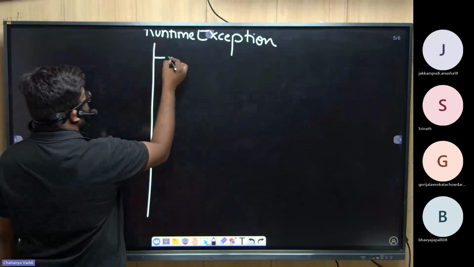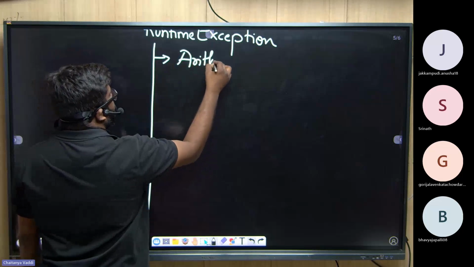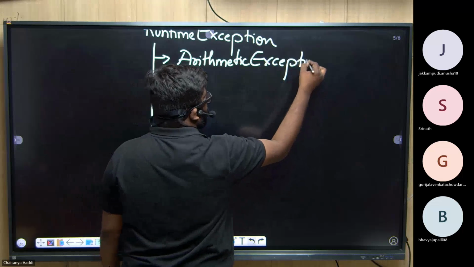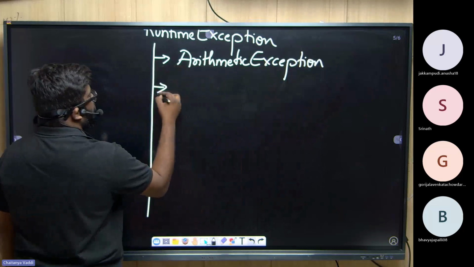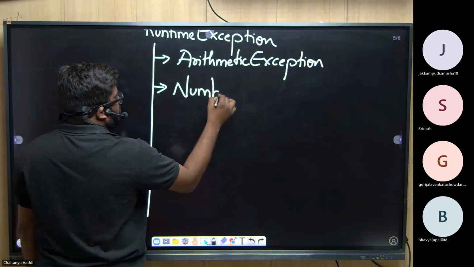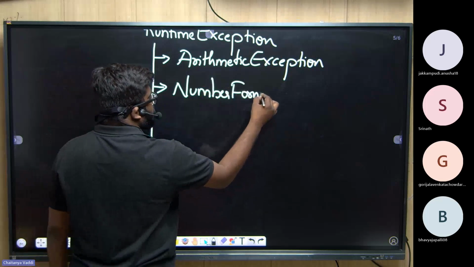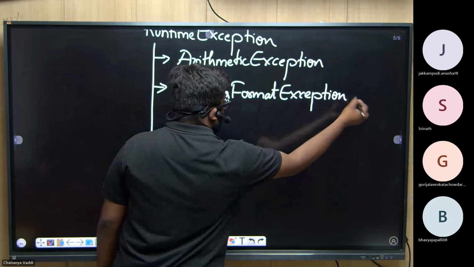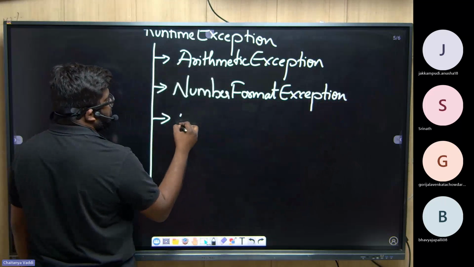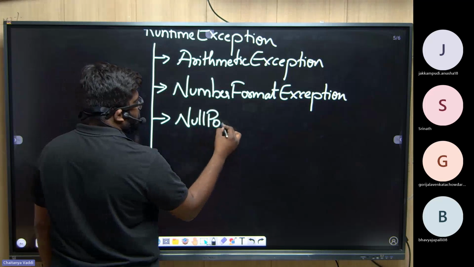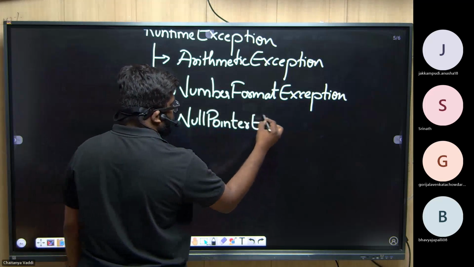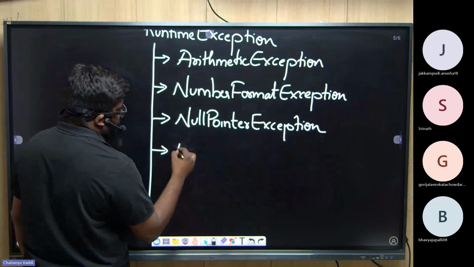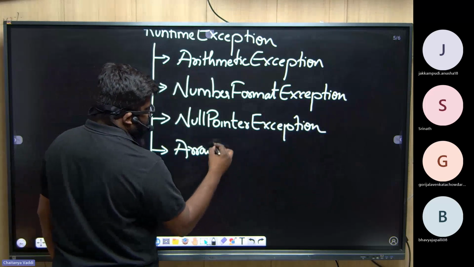So there are a few classes like ArithmeticException. We have something called NumberFormatException. We have something called NullPointerException. We have ArrayIndexOutOfBoundsException.